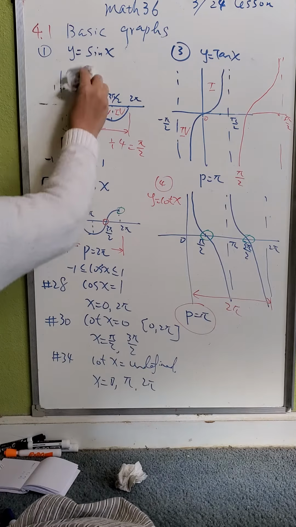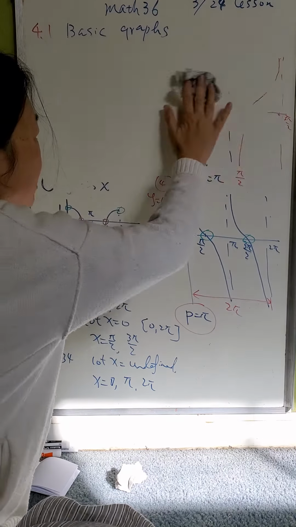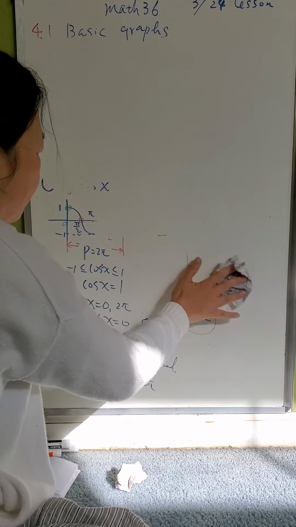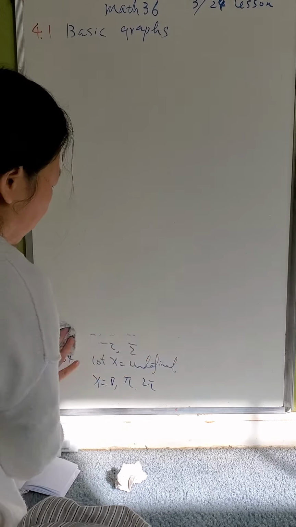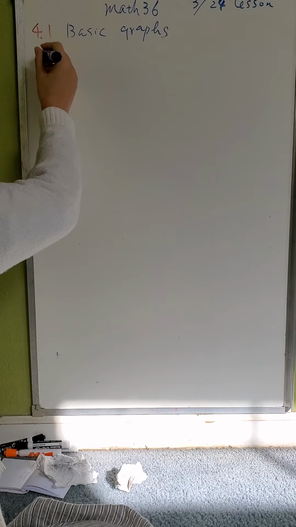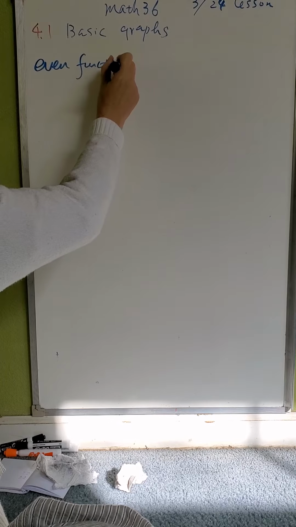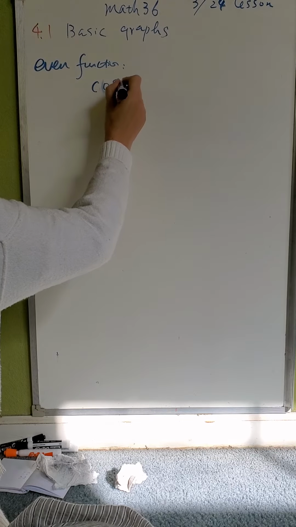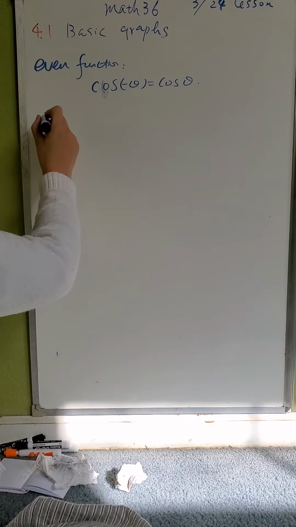The last thing we're going to learn is even odd function. And I told you guys a little bit before, but in case you forget, we're going to do it again. So even function is cosine, that's the even function, okay?